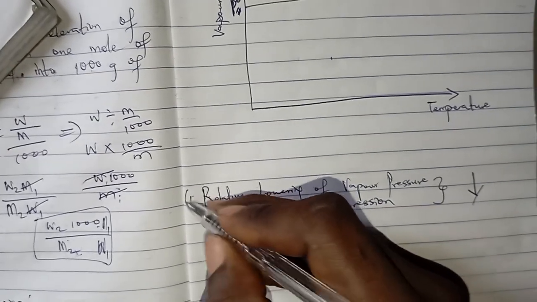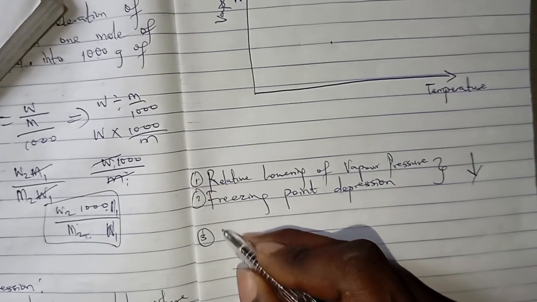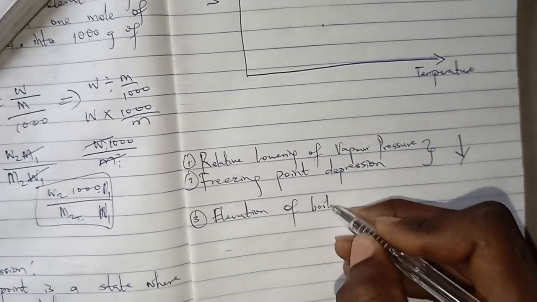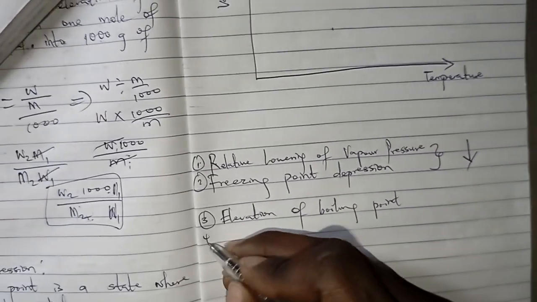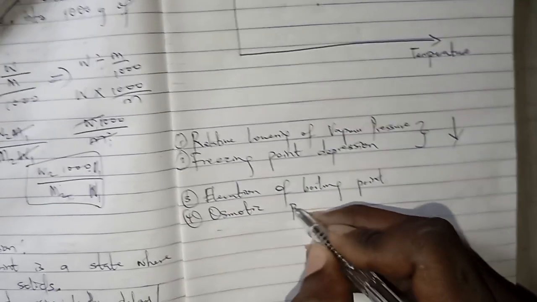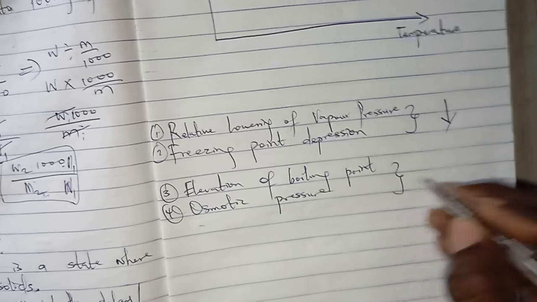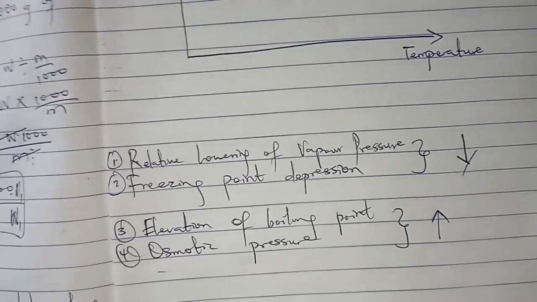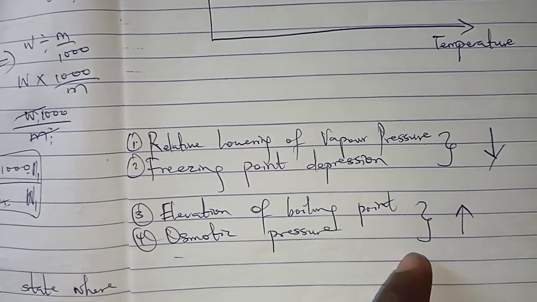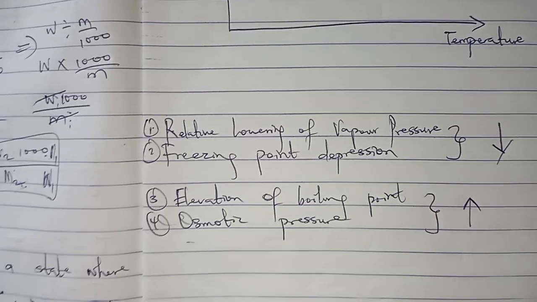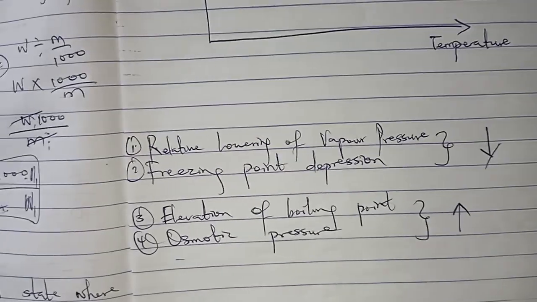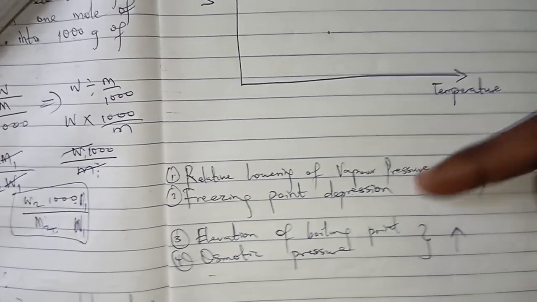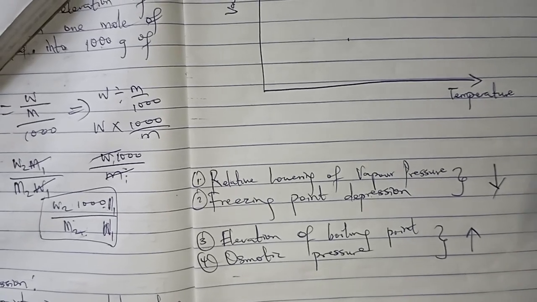While for boiling point elevation and osmotic pressure, you need to know that once solute is added, these two go up. The reason is because naturally it requires temperature going up to achieve. So if you put any solute, it will take more time for it to increase that temperature. For these two, it requires temperature dropping for it to occur, so if you add more solute, it will tend to bring it down.